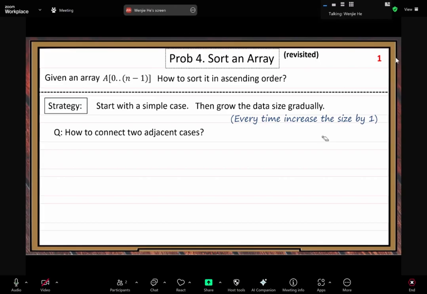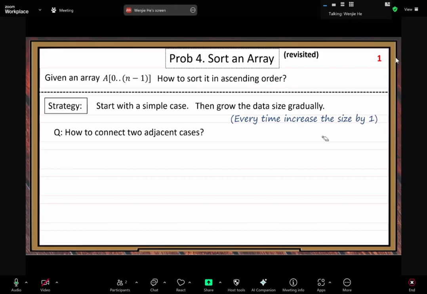We need to divide the given problem into two smaller subproblems, right? After that, we need to consider the gap between two subproblems, one larger size, one smaller size, and what's the gap between them? Here we have the same situation.